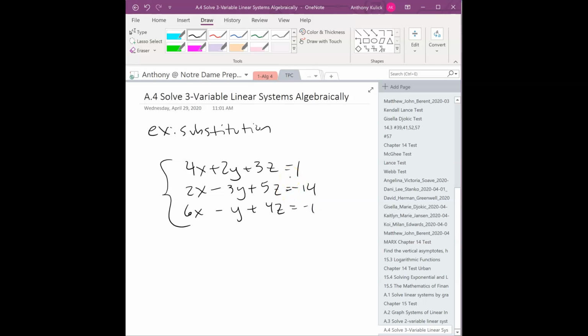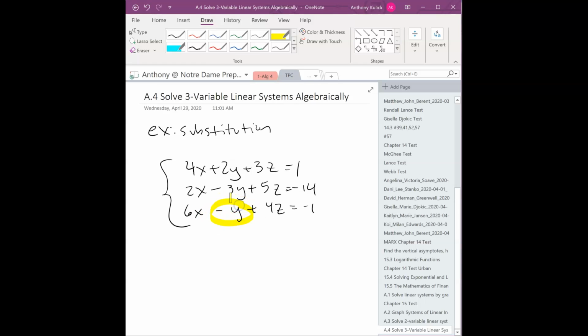Okay. Now, for a substitution, the first thing I want to do is choose a variable to isolate. So again, I'm going to use the same criteria that I used when I was dealing with the 1-variable system. Ideally, I'd want to pick a variable whose leading coefficient is 1.